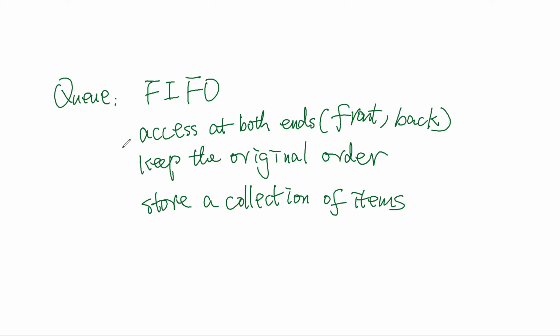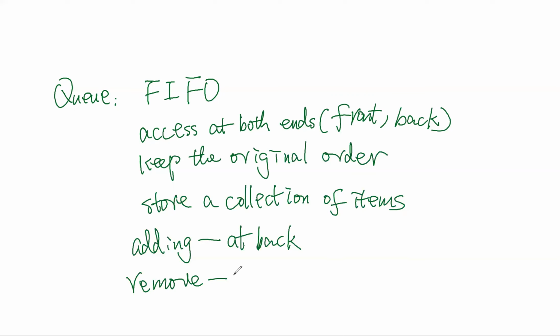When you want to do adding, you can only add at back. When you do remove, you can only remove at front. So that's the difference between a queue and the stack data structure.